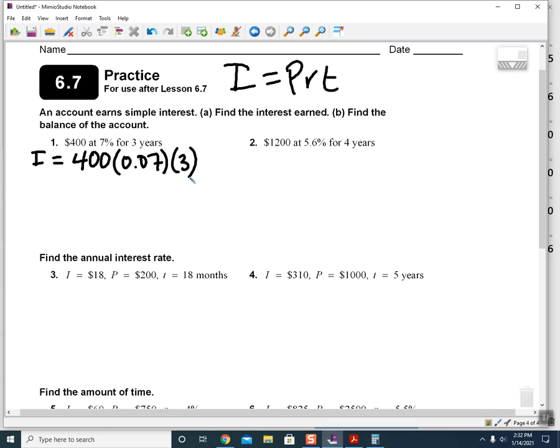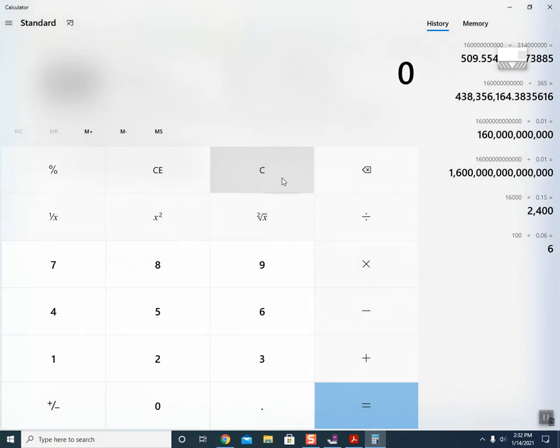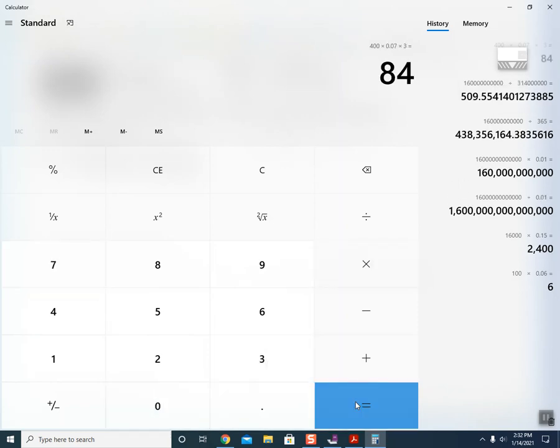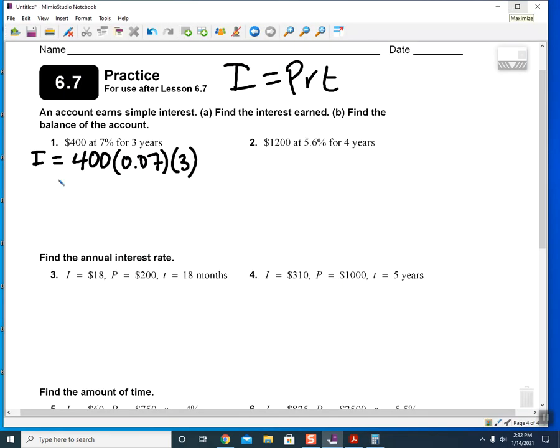So 400 times 0.07 times 3 is $84. So my interest is $84. Part B then wants me to know, well, what's my new total? My new total then is $484. Okay, so you can do number 2 on your own.